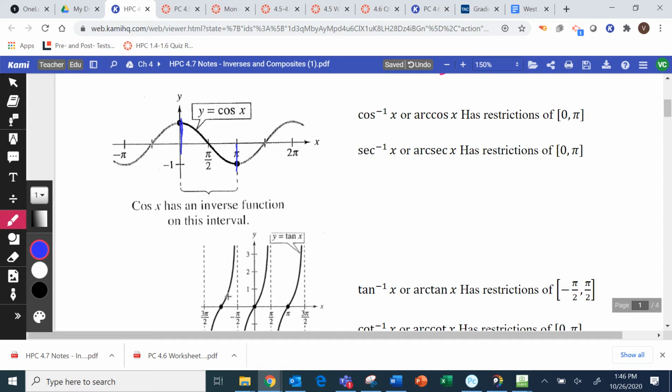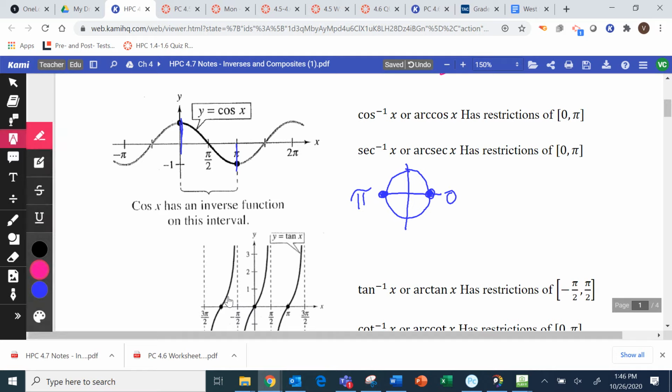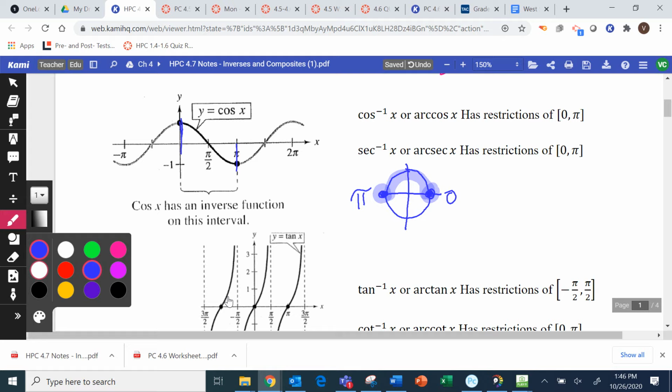And same thing with secant, if I were to look at that around the circle, 0 to pi, that should also look like something we were just talking about in the last class.